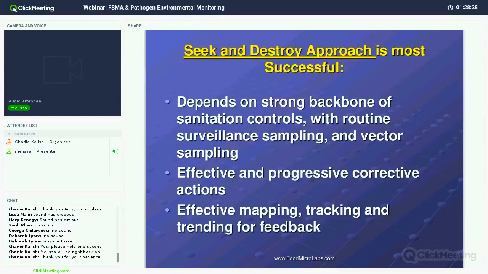But in a very decided way, we have to make sure that we've got a really strong backbone with our sanitation controls and our routine sampling and what we do for our vector sampling, that we have effective and progressive corrective actions related to findings, and that we've got good trend evaluation, the ability to observe trends, whether it's keeping a heat map or tracking or trending. What kind of feedback do we have that systems are in control?